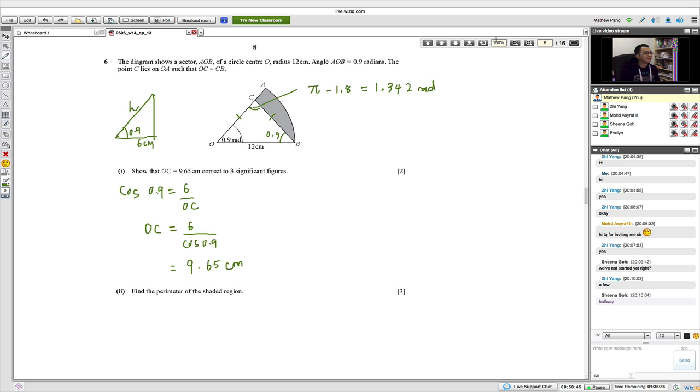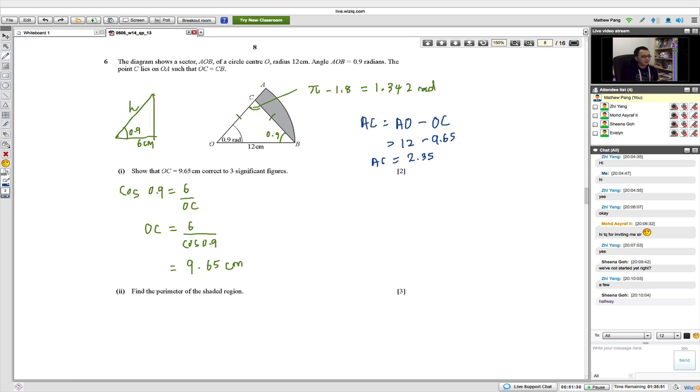Basically, it's quite simple. First I will need to find the AC. AC will equal AO minus OC. Because AO itself is a radius, it will be 12, and I got OC as 9.65. 12 minus 9.65 gives 2.35 for AC.